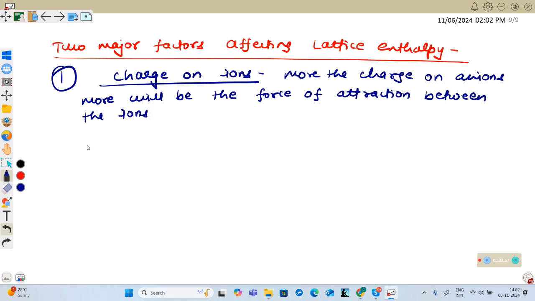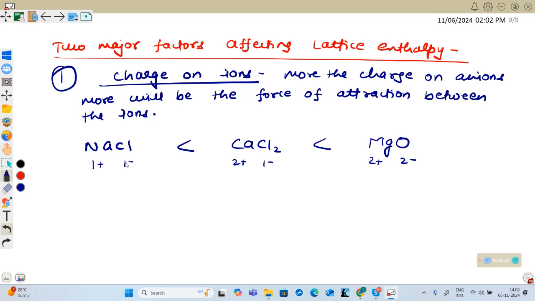So for example, if you compare sodium chloride and calcium chloride, calcium has 2 unit positive charge, sodium has 1 unit positive charge. We are fixing the anion. And if you have magnesium oxide, here it is 2 plus 2 minus. This is 2 plus 2 minus, this is 2 plus 1 minus, this is 1 plus 1 minus. This is the order of the lattice enthalpies. It is minus 758 kilojoule when 1 mole of NaCl is synthesized.